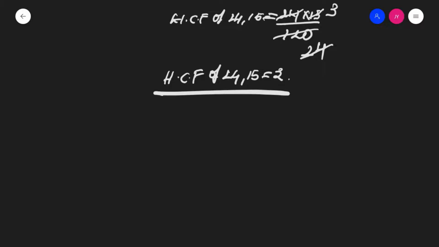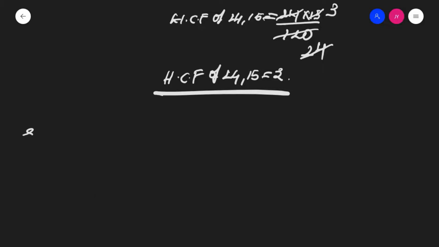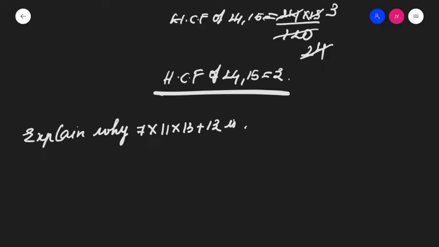Now let us check an interesting question. The question is, explain why 7 into 11 into 13 plus 13 is a composite number.